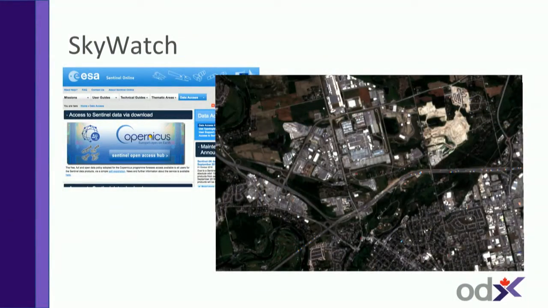Skywatch, one of our tenant companies here at the Data Hub, has taken the aggregator approach that I talked about a little bit earlier in the presentation. The approach they've taken, though, is for satellite imagery data.